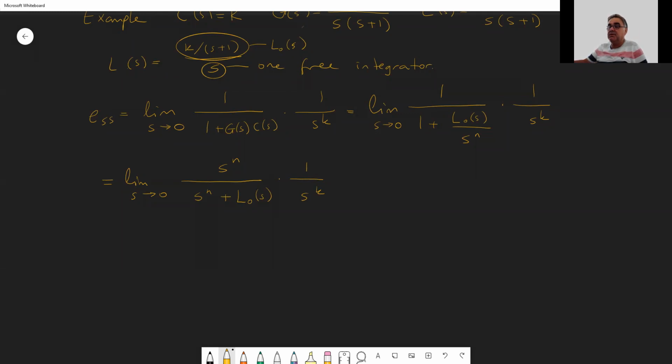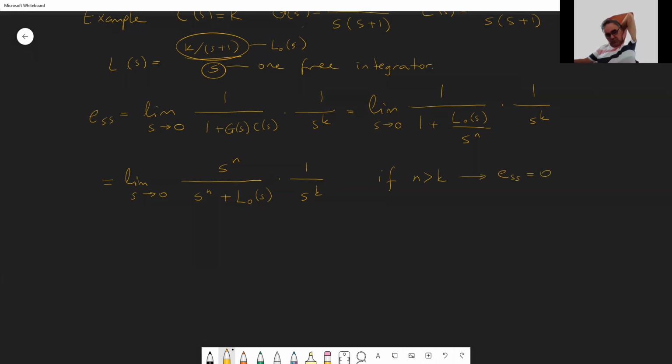We will see. For example, if n is greater than k, we will have ESS equal to 0, right? We can say s to the k here. If n is greater than k, these terms are not too important. And this is what we want actually.